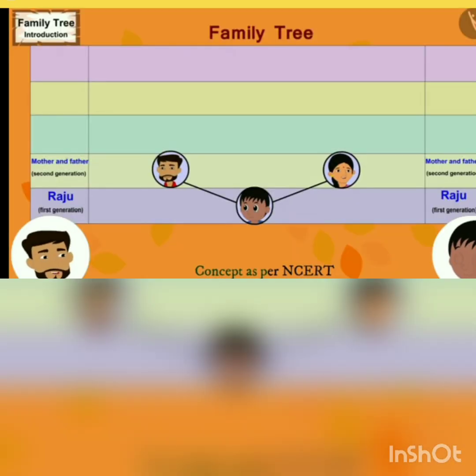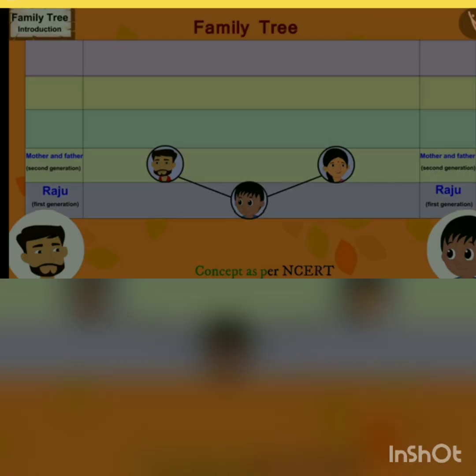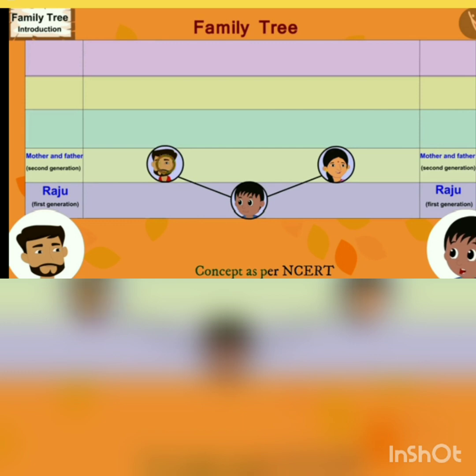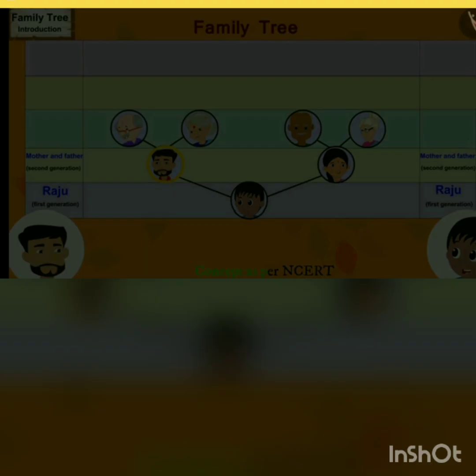Raju, now can you tell me what I need to do to create our 3rd generation like this? Father, you have to draw 2 lines each above your and mother's names. You have to write maternal grandfather and grandmother's names on the 2 lines above mother's name, and on the 2 lines above your name, you will write paternal grandfather and grandmother's names.